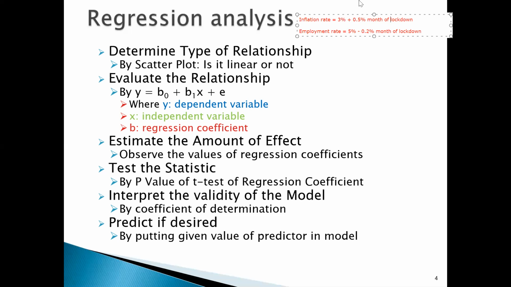There is a reason for using these two examples. We have kept the independent variable the same, which is months of lockdown, while inflation rate is the dependent variable in our first example and employment rate is the dependent variable in our other example. I'm going to explain this b naught and b1 in the next slide.